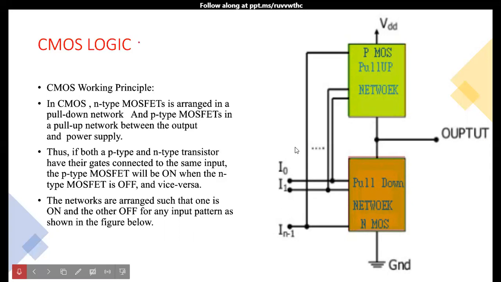So if you give inputs like this, if one of the transistors is on, the other will be off. That means if the PMOS transistor is on, the NMOS transistor will be off. If the PMOS transistor is off, the NMOS transistor will be on. Like this, the CMOS logic circuit will work.